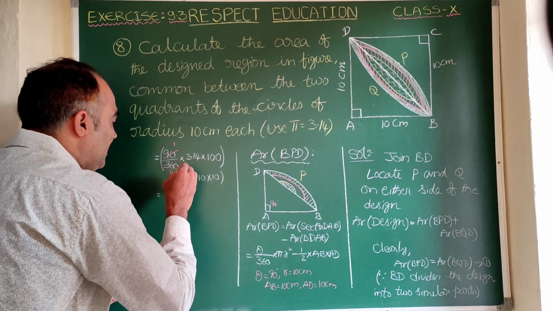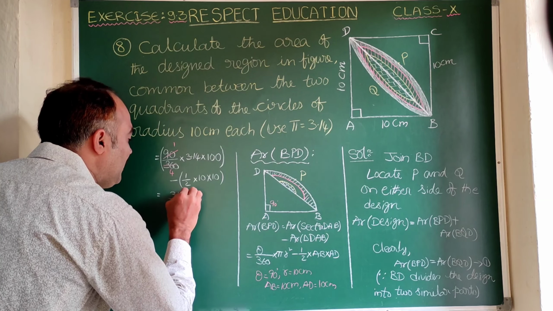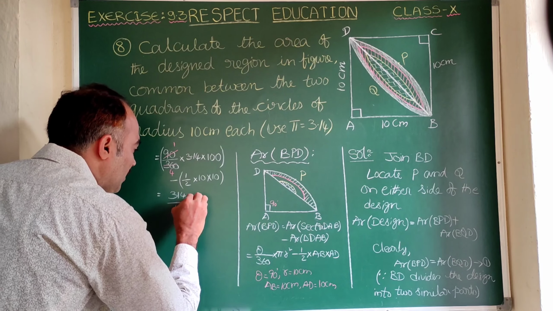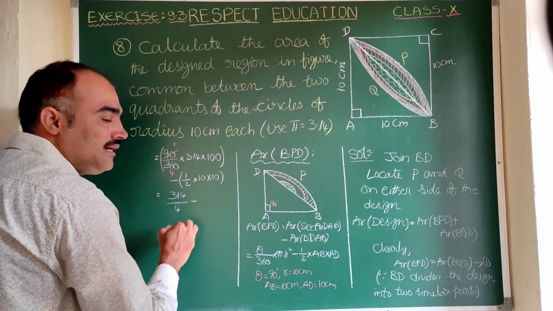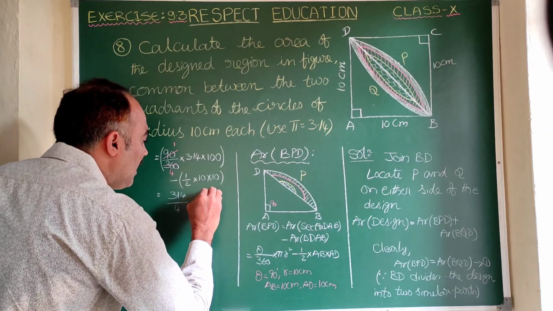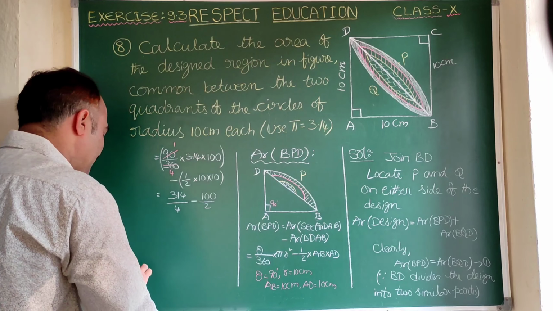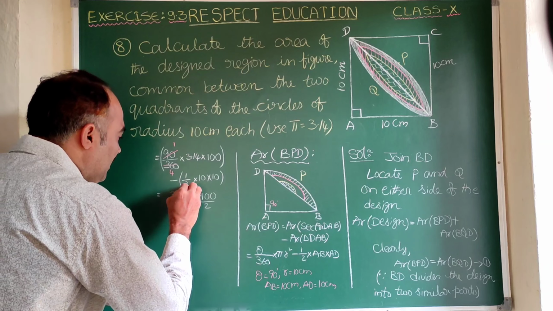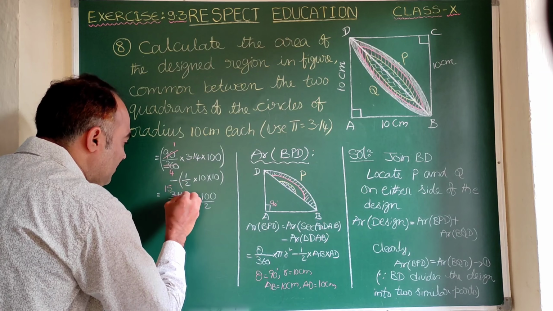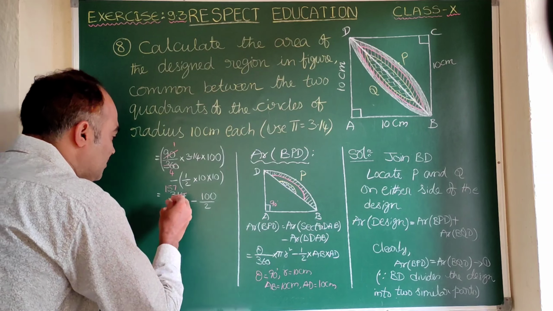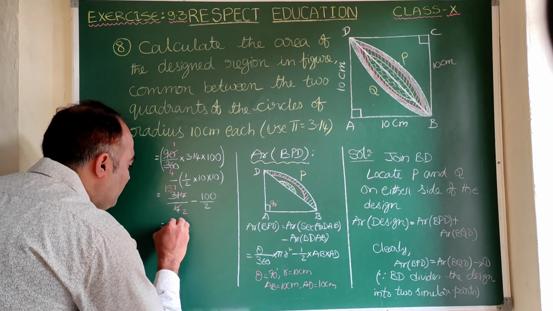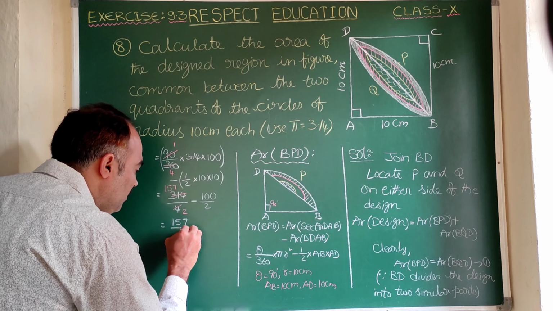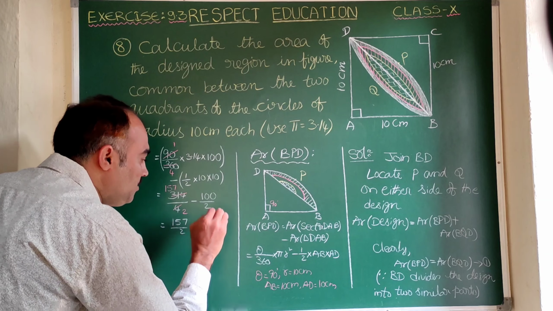So here we can write it as 314 by 4 minus, here 10 tens are 100, 100 by 2. Now let us cancel these two numbers with 2. 2 2s are 4, and 2 15s are 30. Here 1 is carried forward, so 157. So let us write this as 157 by 2 minus 100 by 2.